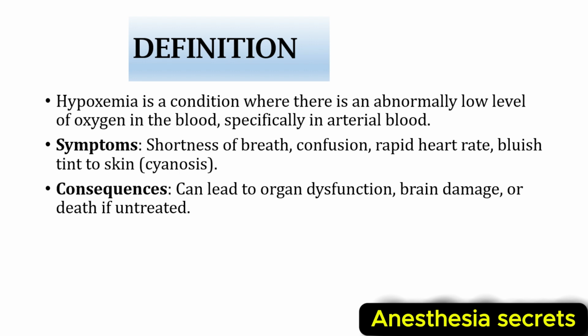You may ask why it is important for healthcare providers to learn about hypoxemia. Once hypoxemia is not treated early, it will cause many complications that can vary from impaired organ function, where the body tissues and organs rely on a constant supply of oxygen, and without it the cells begin to malfunction and can die, leading to permanent damage, especially in critical organs like the brain and the heart.